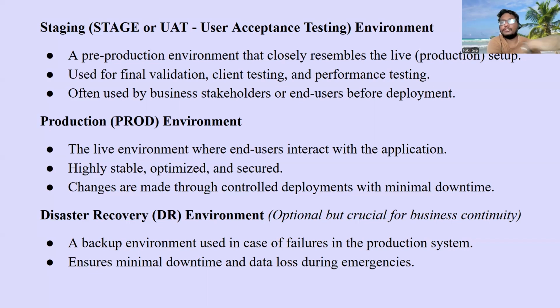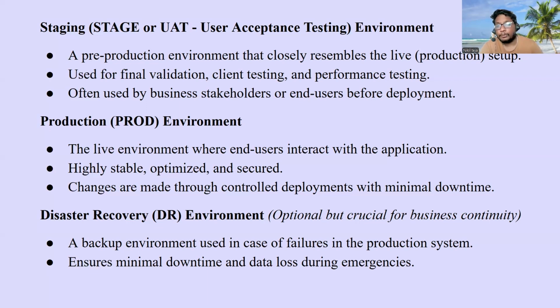That is, they are released to the actual users, the real world. It is made public, highly stable, optimized, and secured. Before releasing into production, we go through many environments and many testing environments, so obviously it will be stable, optimized, as well as secured.